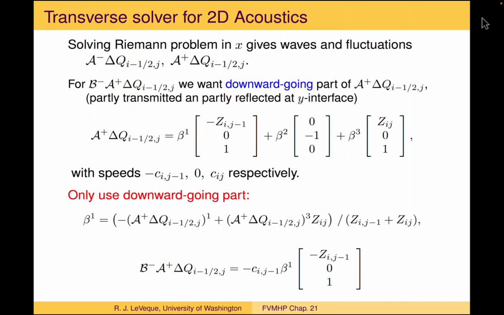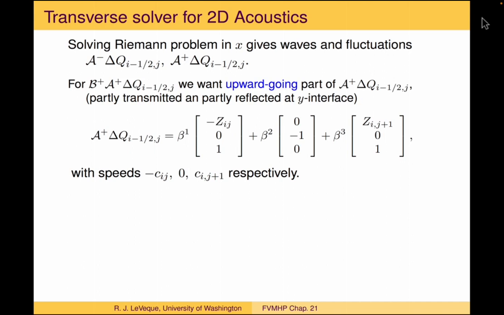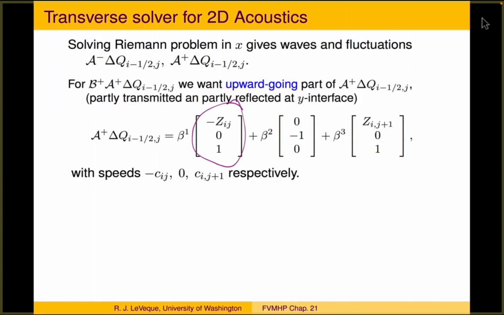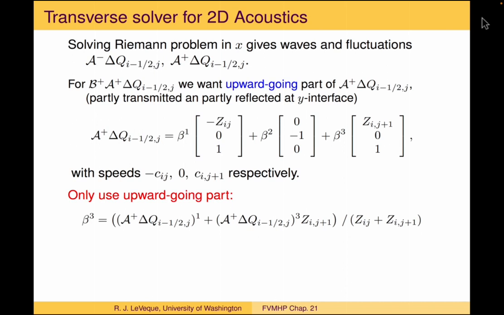Now, if we want to look at the upgoing part of that A plus delta Q, then we have to do something similar, but now we want to look at the eigendecomposition where we use the downgoing eigenvector in the cell ij, but the upgoing eigenvector in the cell up above, ij plus 1, and that wave is propagating with speed cj plus 1, and then it's only that wave that comes into the update there.